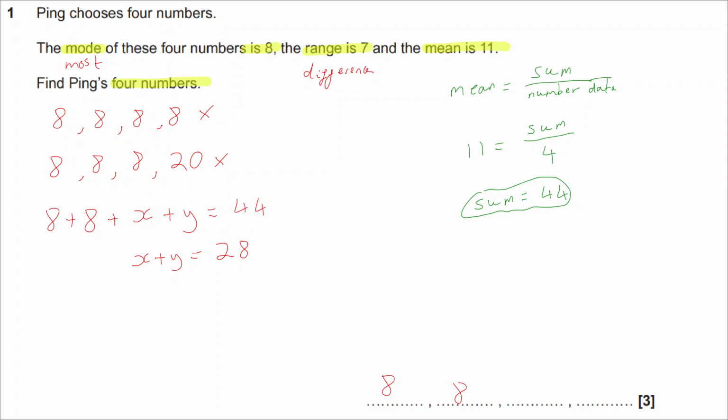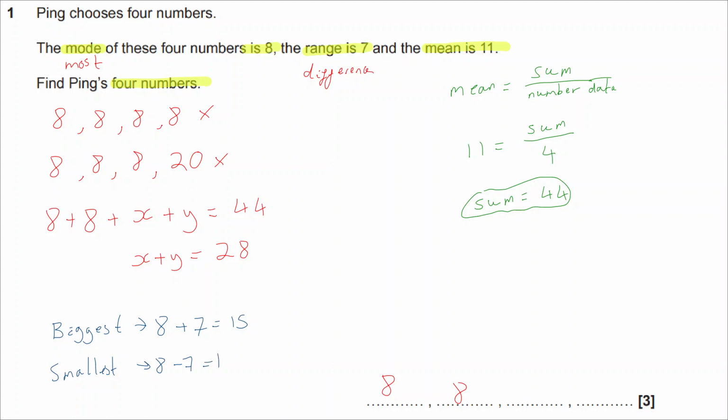Now, if the range is 7, and we know that 2 of our numbers are going to be 8, the biggest possible value one of the numbers could be would be 8 plus 7, which would give you 15. And the smallest possible value would be 8 take away 7, which would give you 1.